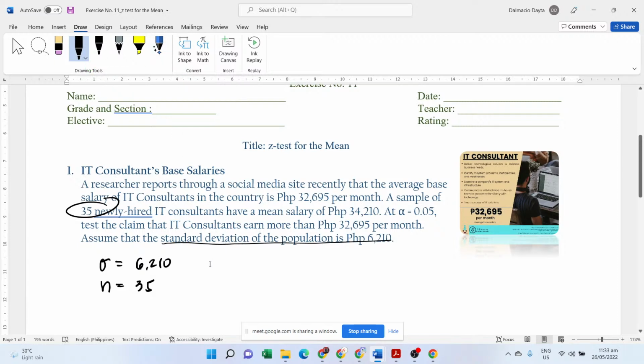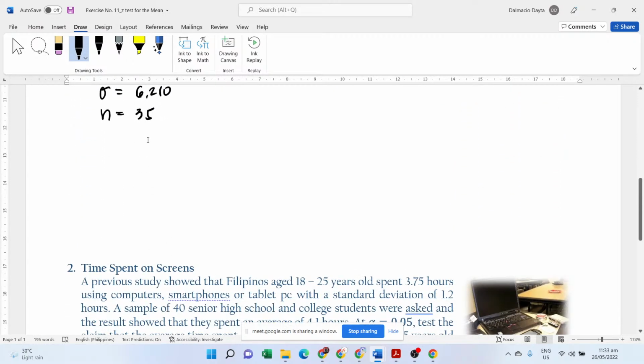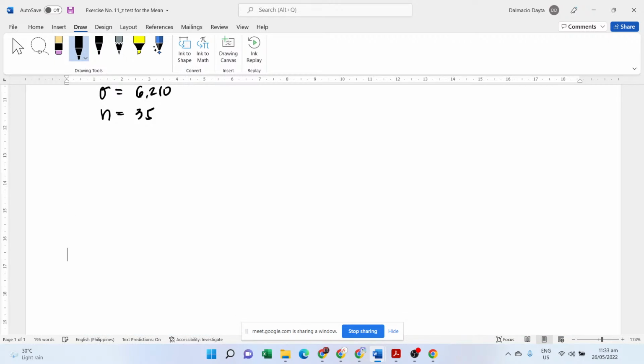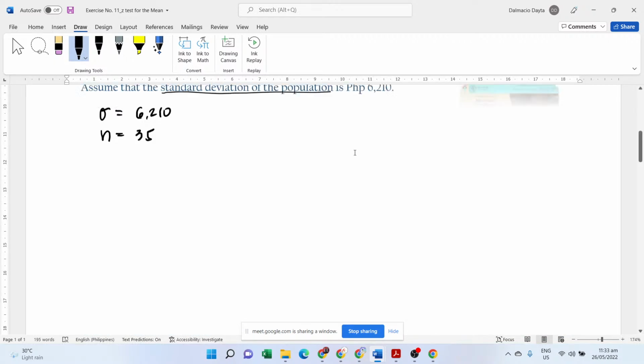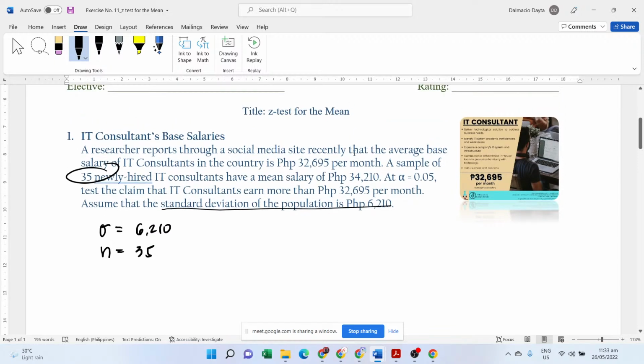In the hypothesis testing traditional method, we lay down all the parts of hypothesis testing. Isa-isayin natin. Step 1, we are to identify the null and alternative hypothesis.